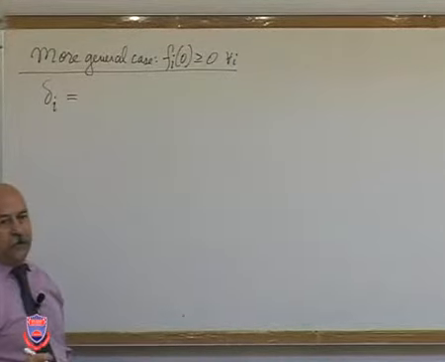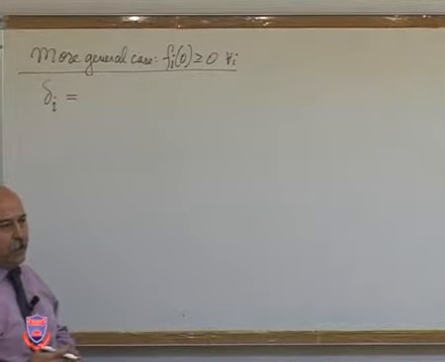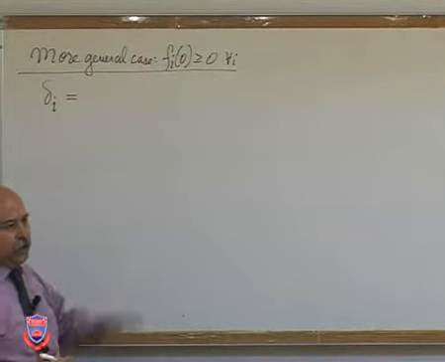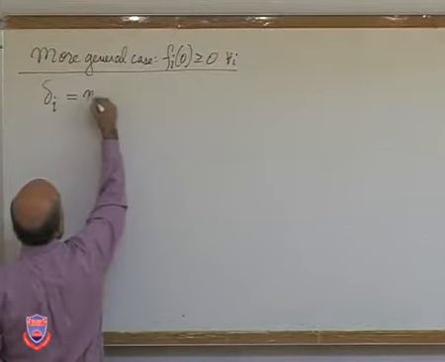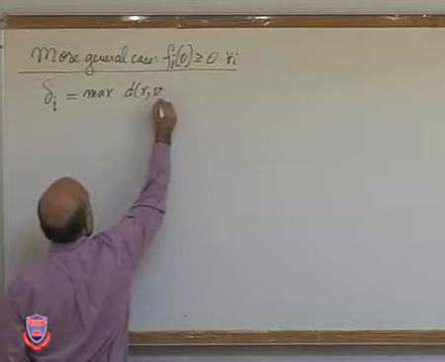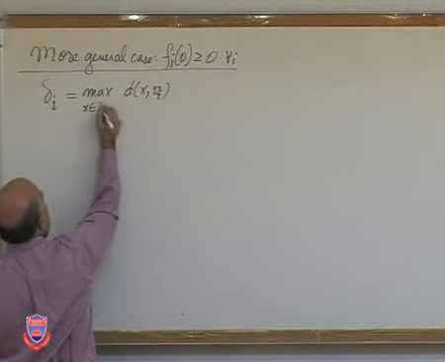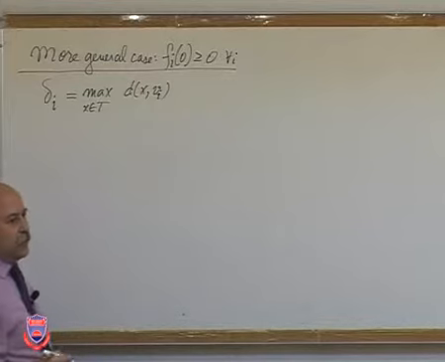Let's first of all define delta i to be the maximum distance away from vertex Vi on the tree. So this is simply the farthest distance from Vi if you start moving away from the vertex on the tree. Okay?